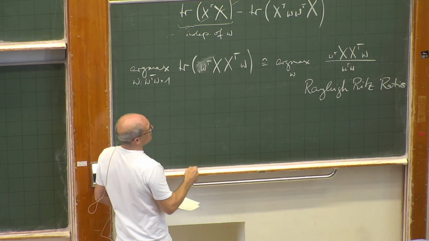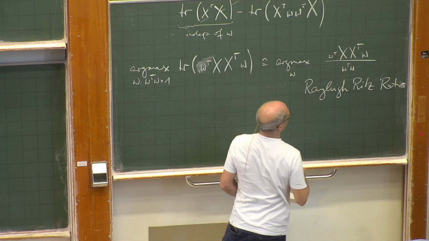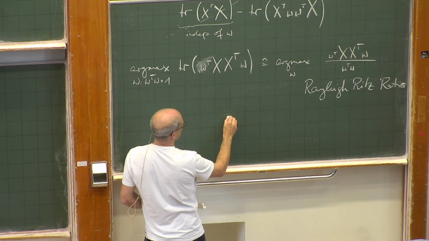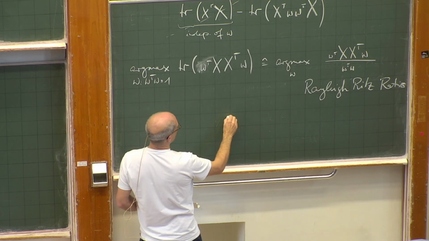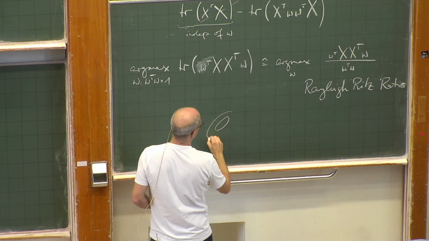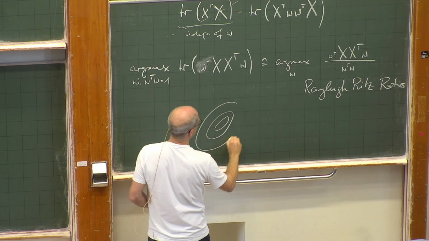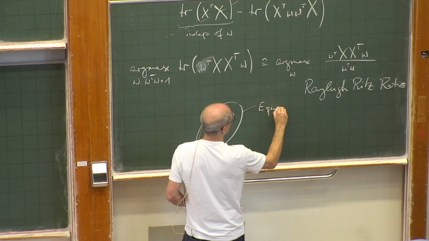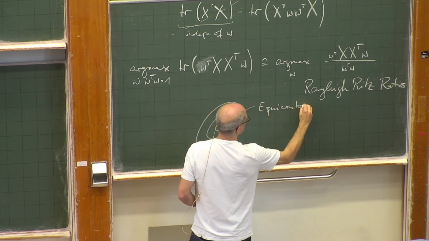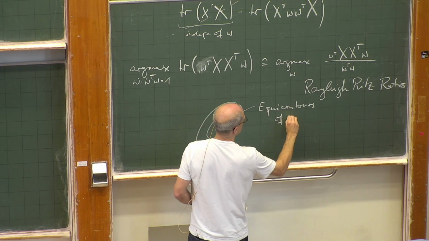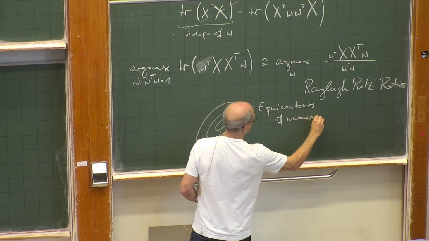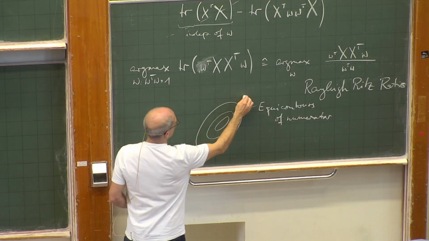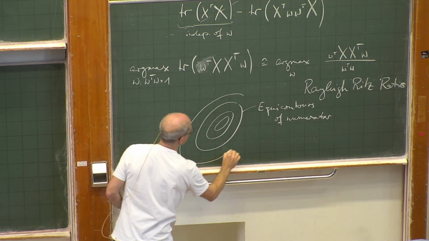And this is a quadratic form in the numerator. So if we plot the numerator, if I plot equicontour lines of the numerator, it will look something like so. So a set of nested ellipses.